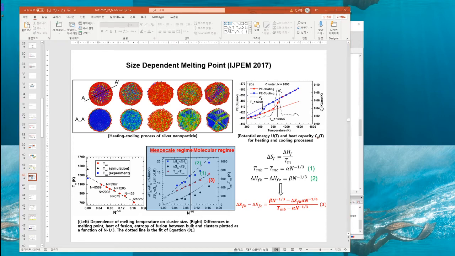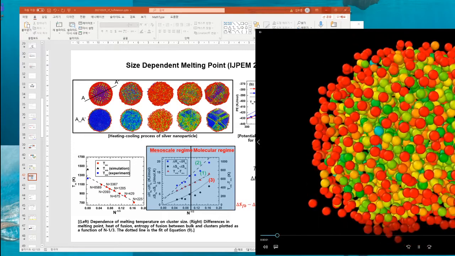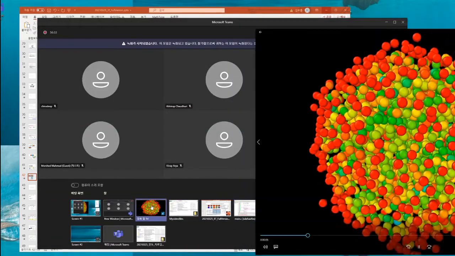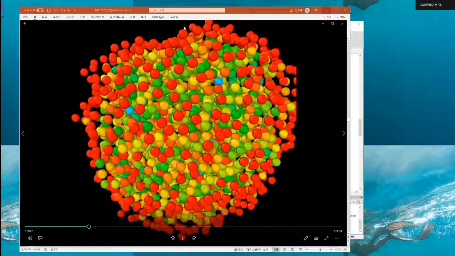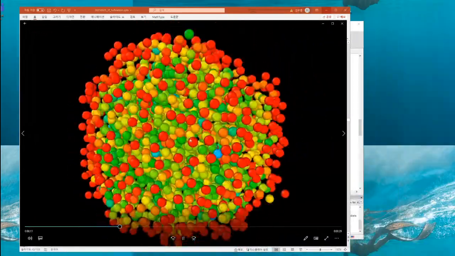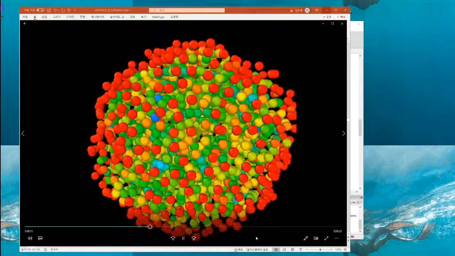So now let me show you the video that we did for this research. Okay, that's my video file, nanoparticle. I will share this video with you. Right here, this video, hope you see this. So this is a nanoparticle at some high temperature, I cool them down and see how the grain boundary happens inside of them.